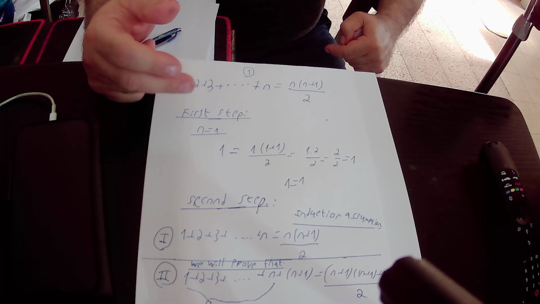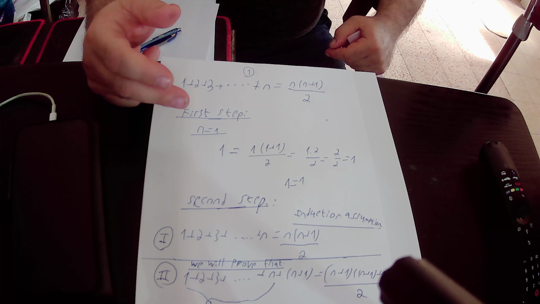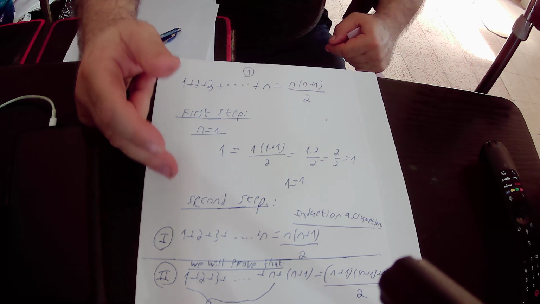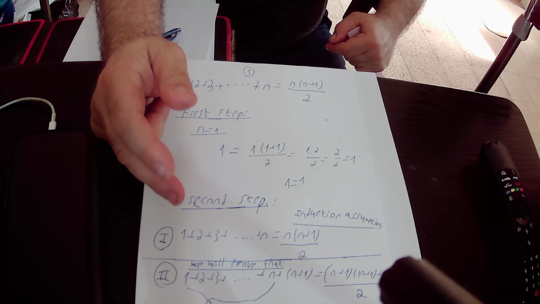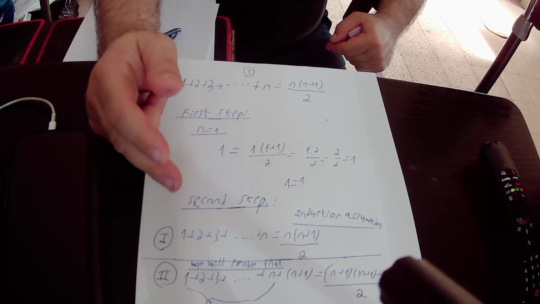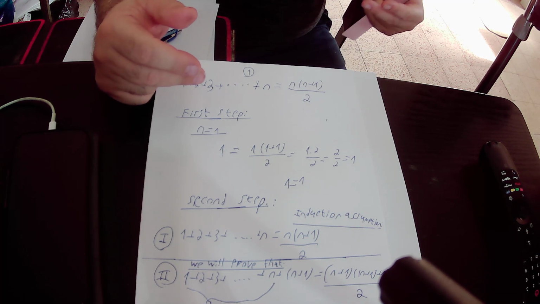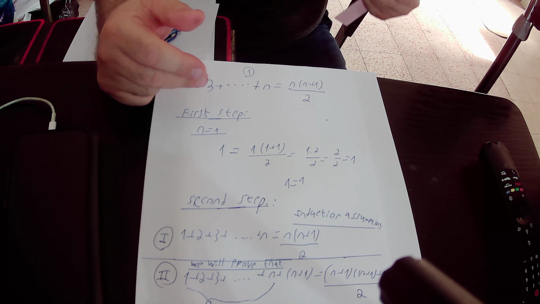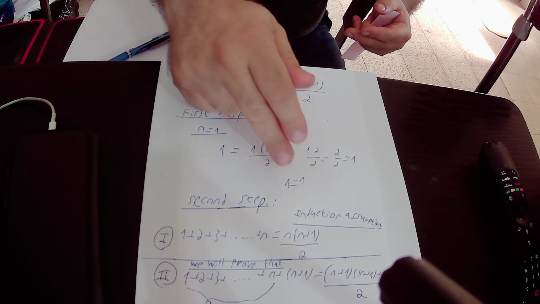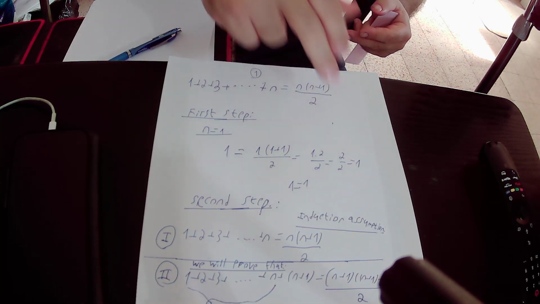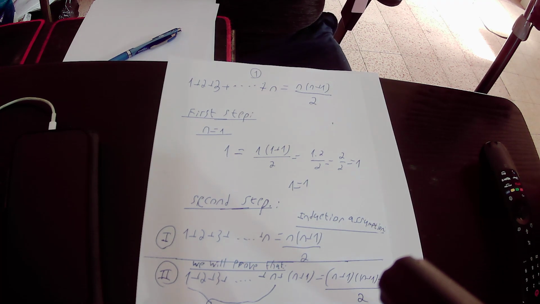Because we showed that if it is true for n, it is true for n plus 1, we are 100% sure it is true for n equals 1, because we checked it. From the fact that it is true for 1, it is also true for 1 plus 1, that is 2.